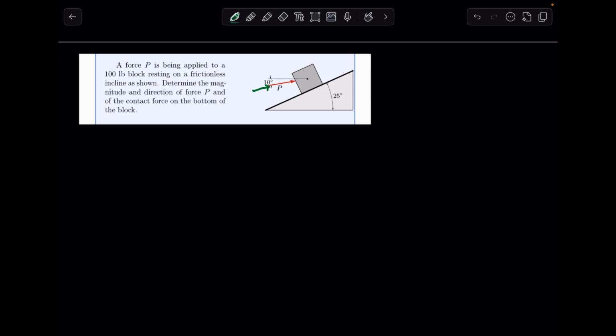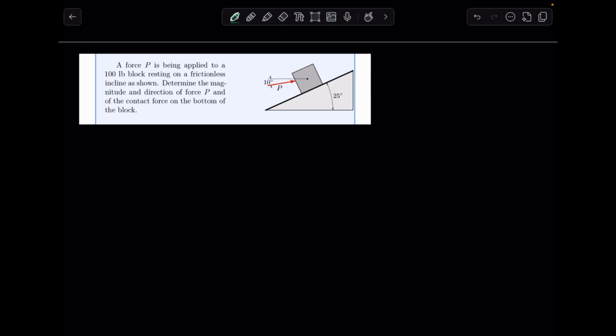And so we're trying to find the magnitude of P and the direction of P. In this case, the direction of P is already given, which is 10 degrees right here. So in reality, we're just looking for the magnitude of the force P.